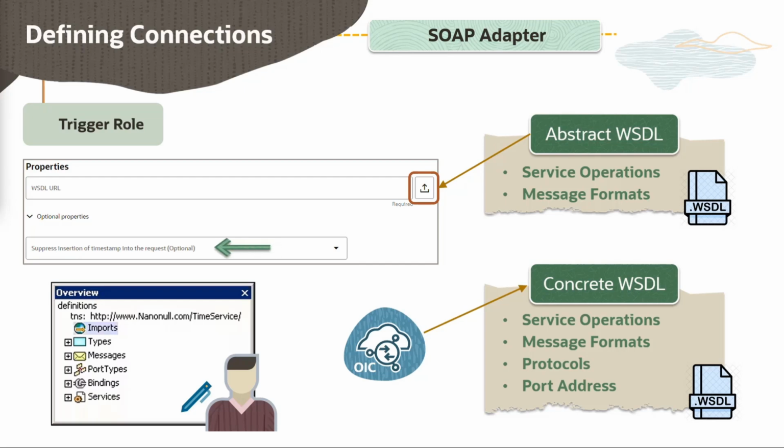Also, in secure web services transactions, a timestamp can be inserted into a WS security header to define the lifetime of the message in which it is placed. By default, the adapter will process this header, but if yes is selected here, no timestamp is required to be sent by the client.